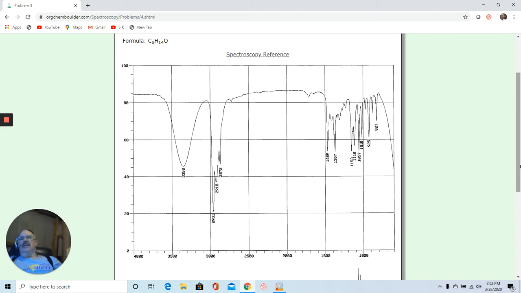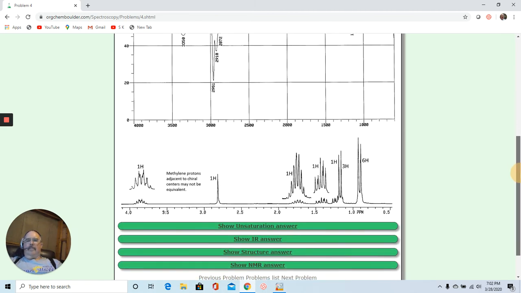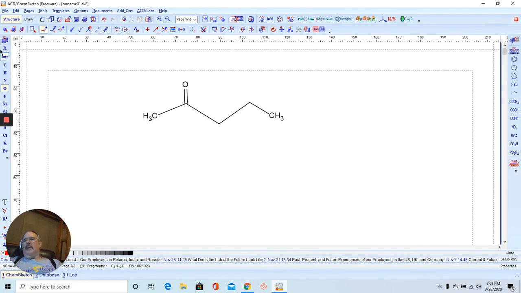All right, so we have C6H14O, no unsaturation units. Okay, we have an alcohol, and this is probably the alcohol peak, the OH right here. Down around 3.5 to 4, this would be one hydrogen on a carbon next to the oxygen.